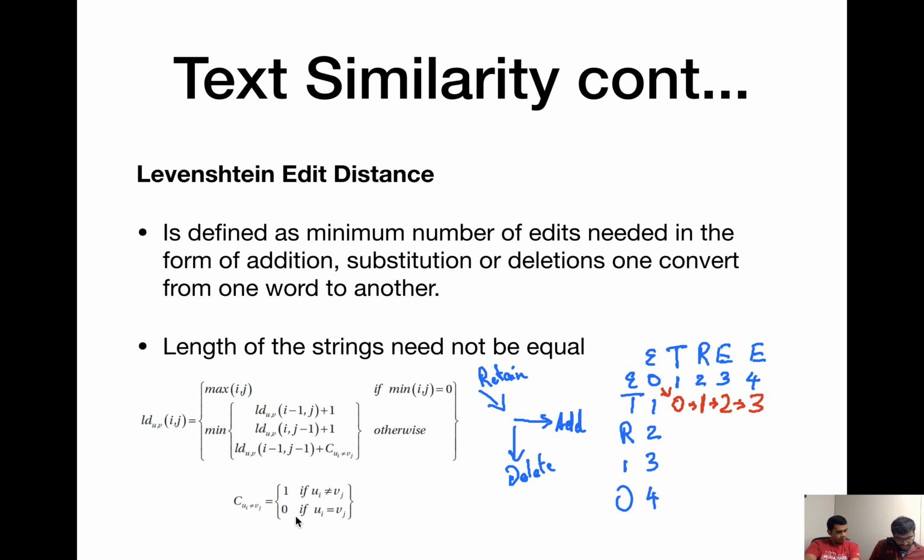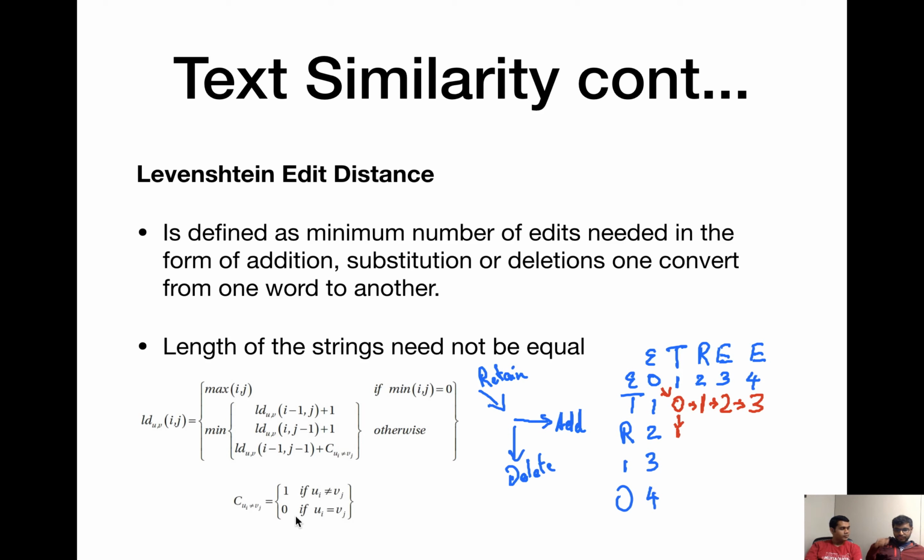Now let's look into TR and T. We have 1, 0, and 2. The two letters are not similar, so you add 1 to all the three values, and now you need to add. That will be deleting 1. So that will become a 1 there.